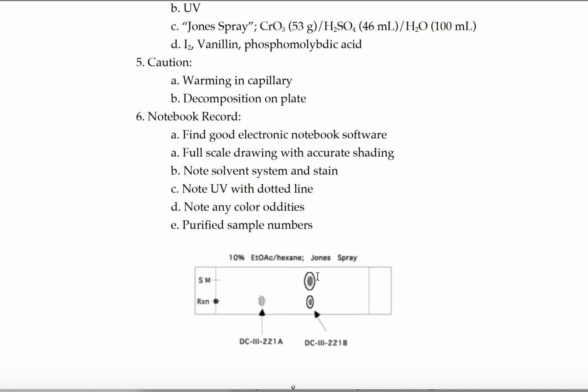If they're offset a little bit, it's quite possible you've got a UV active compound that's real close in Rf, but it's not the major molecule, and it's not the thing that's staining. And so you really want to make sure you see that the stain and the UV correlate or don't.